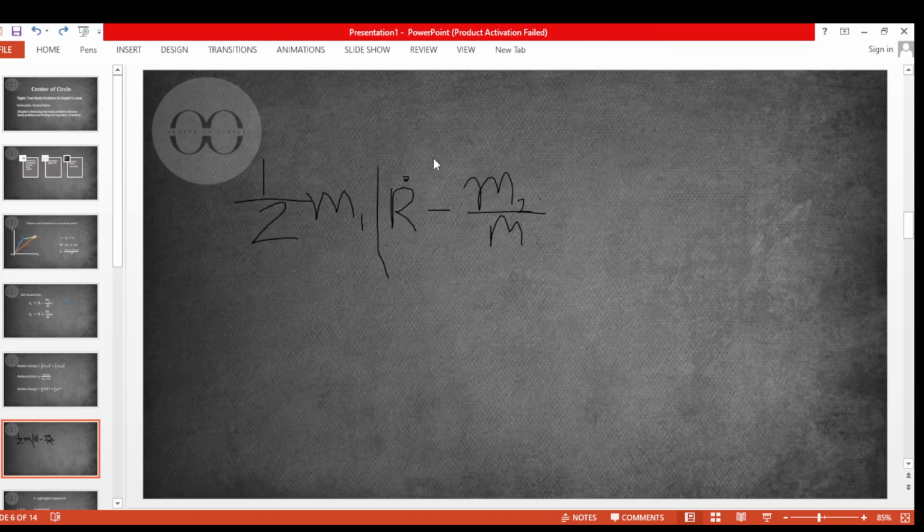So it will be m2 divided by capital M into small r dot, whole square.